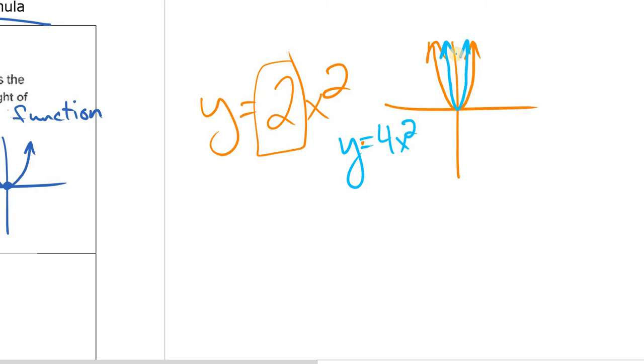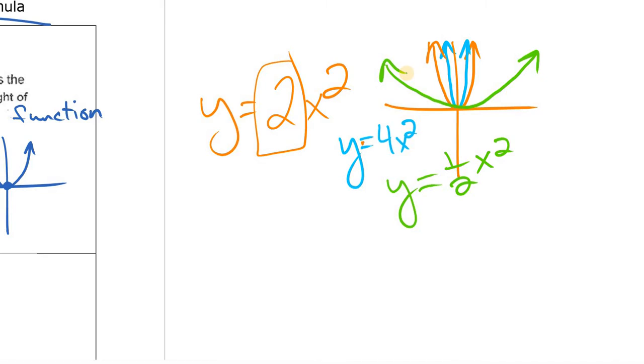The bigger the number, the narrower it gets, and you could probably intuit that if we make it smaller, like a fraction, y equals 1/2 x squared, it will obviously make it the opposite of narrower, wider, compressed. The smaller the fraction, the wider it gets. So that's what the a value changes. Does anyone remember the other thing that the a value can change?